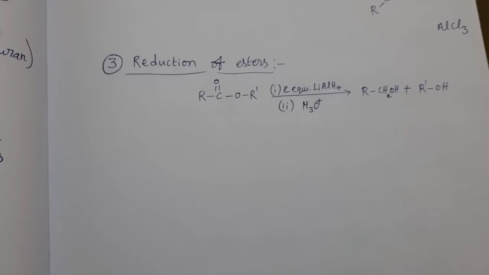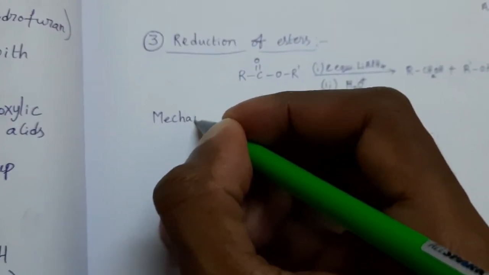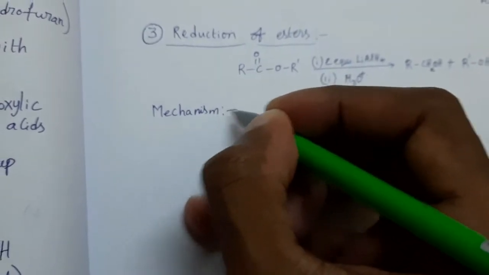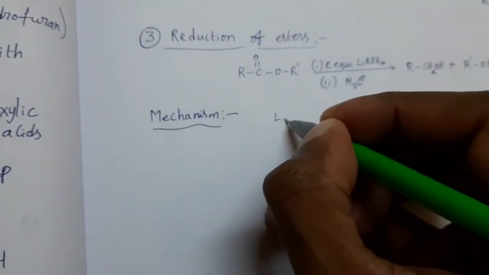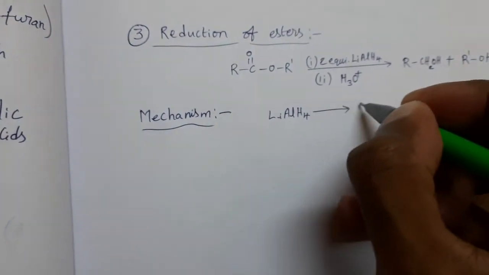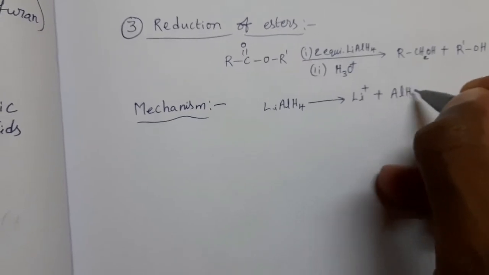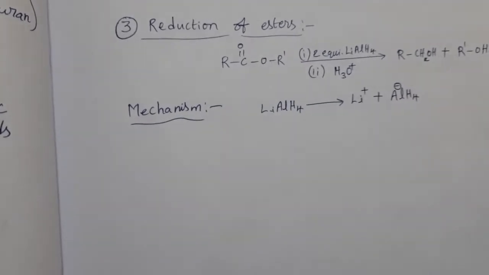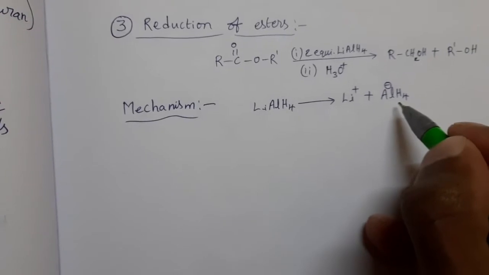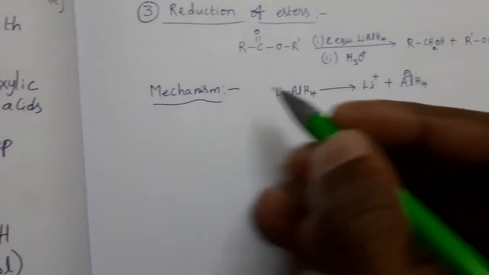It's a very simple mechanism. In this, LiAlH4 undergoes ionization, then we can get lithium ion and AlH4 minus ion. Now this AlH4 minus ion, aluminum hydride ion, participates in this mechanism.